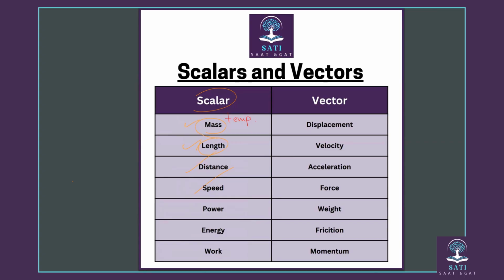You need a number only to explain them. What is the energy in joules in one chocolate? You say how many joules or calories, the unit and the number only. So in this case, energy is scalar, not vector.